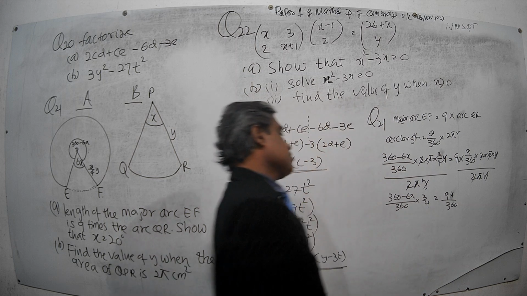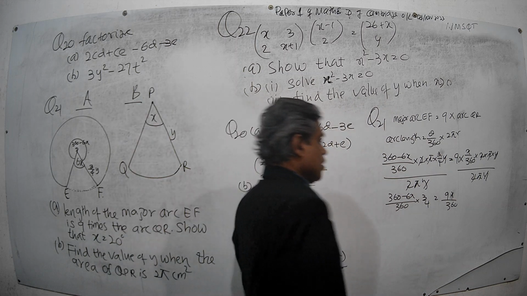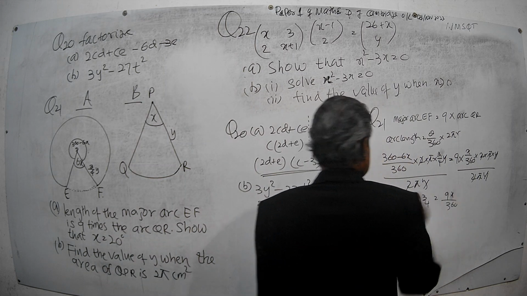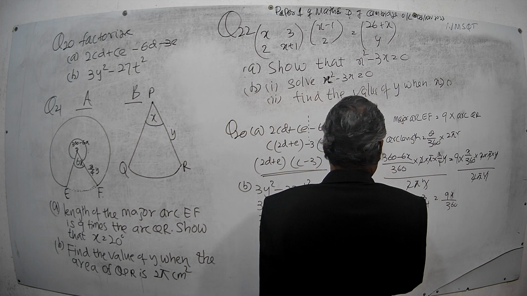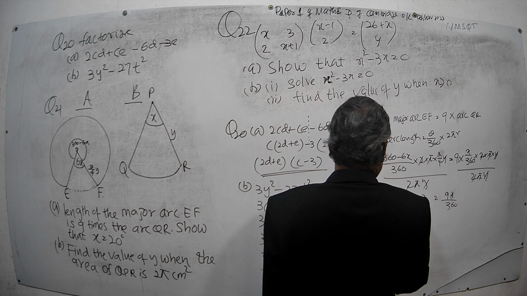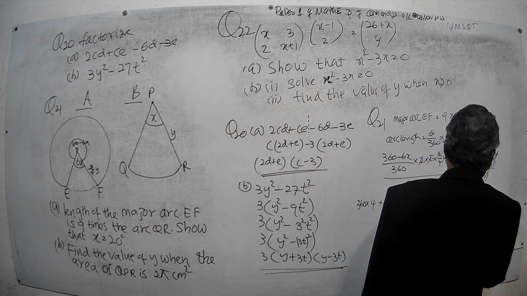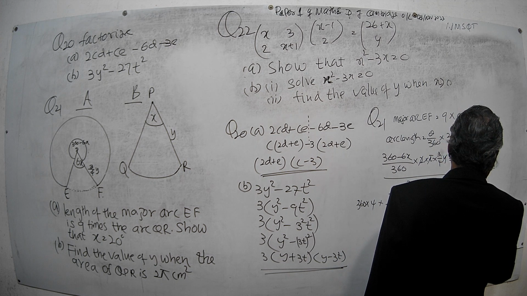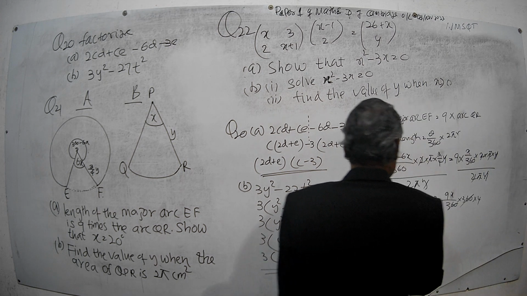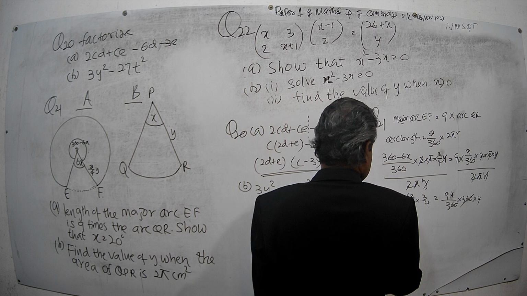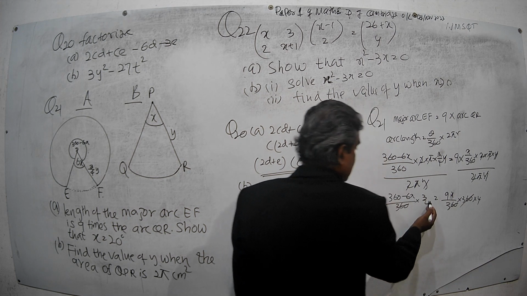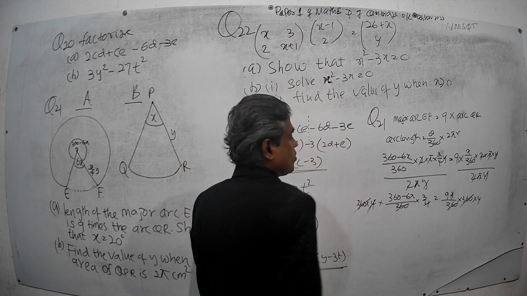Now remove the 4 and the 360: multiply both sides by 360 and 4. Then this cancels, this cancels, and the 4 also cancels.